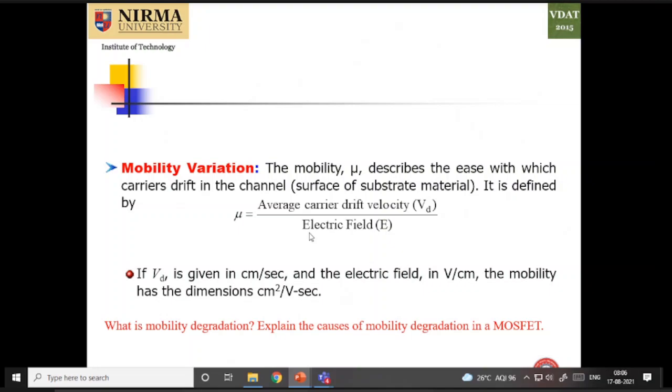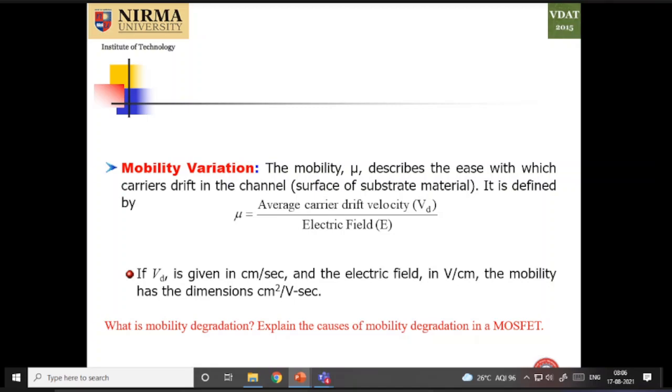Mobility is what? Mobility mu describes the ease with which carriers drift in the channel, or rather the surface of the substrate material. It is defined by average carrier drift velocity Vd divided by electric field.